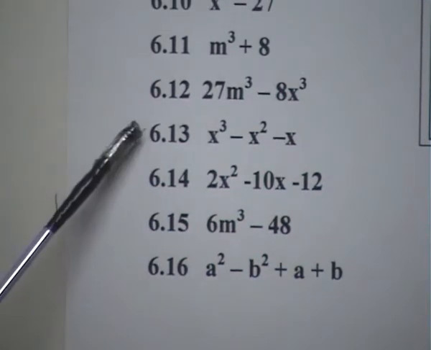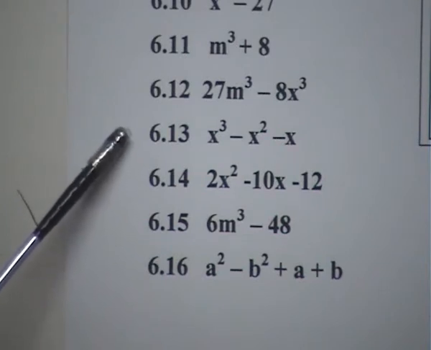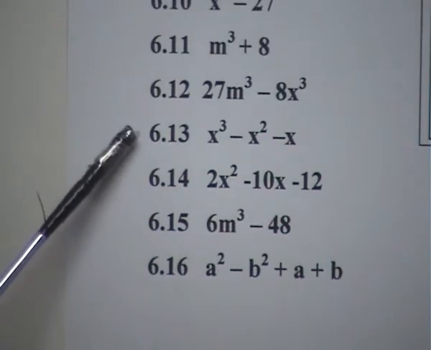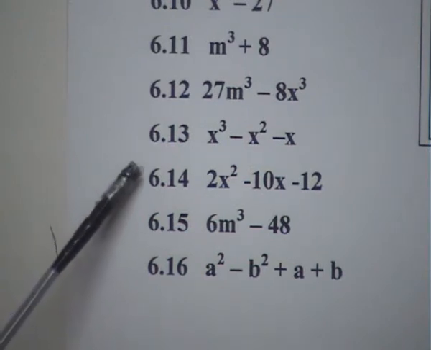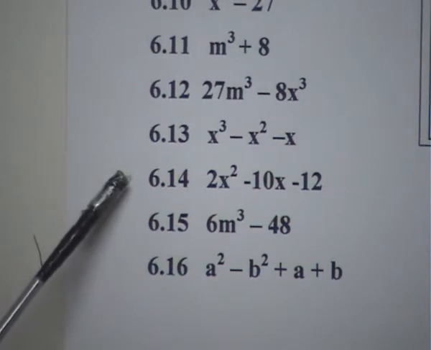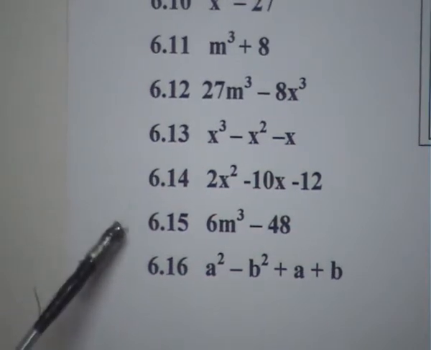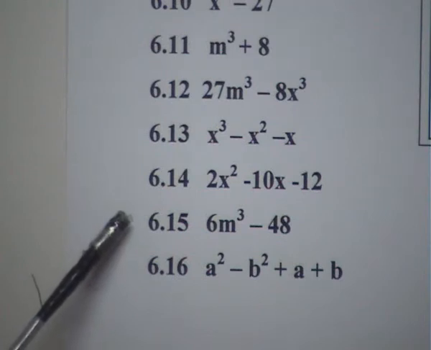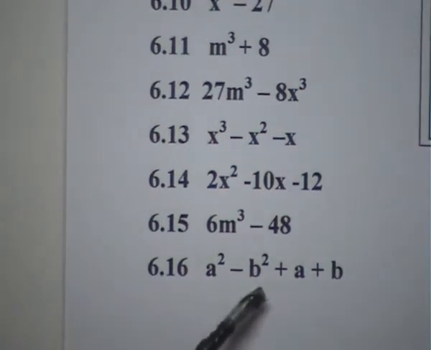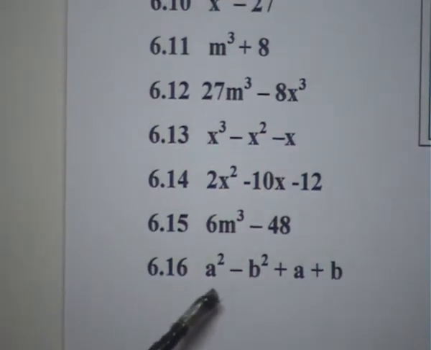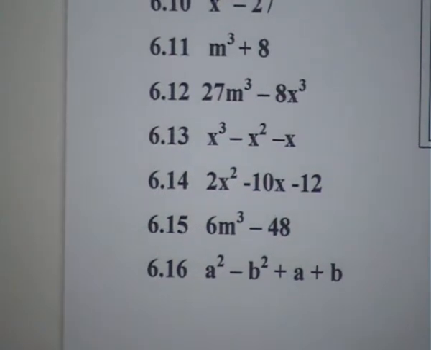After that you'll be left with a quadratic trinomial, and I'm just tipping you off that the quadratic trinomial will not factorize. 6.14, remove common factor, and then you'll get a quadratic trinomial that can factorize. 6.15, remove common factor, then you'll have a difference of 2 cubes. 6.16, look very carefully. You must first factorize the difference of 2 squares, and then after that you will be able to see a common factor.